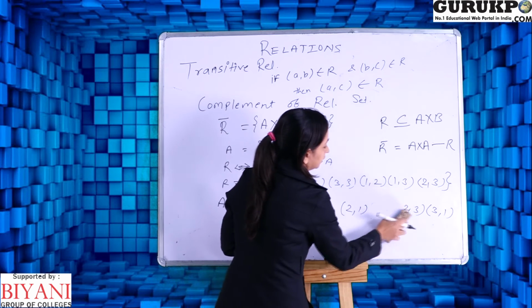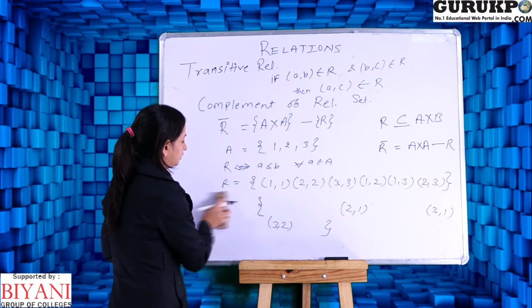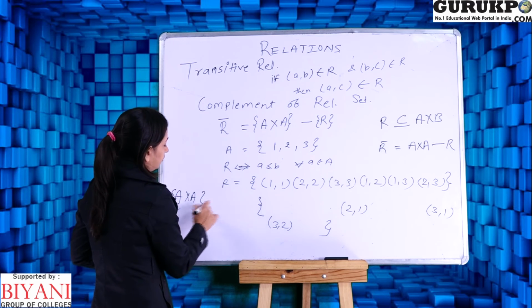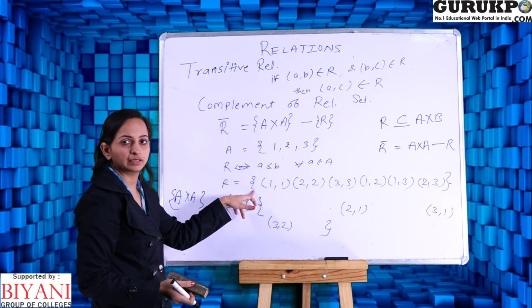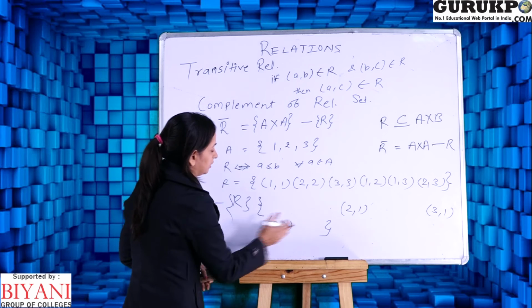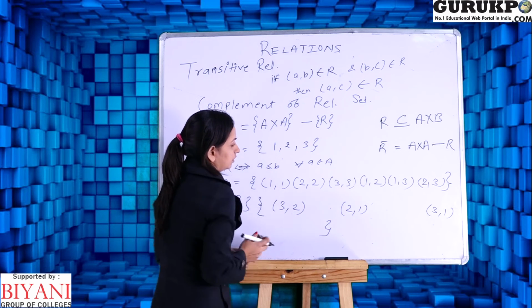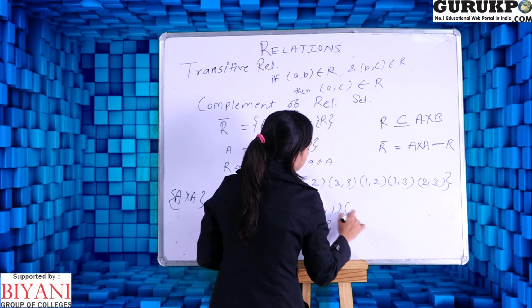Then 2 3 is also removed. So these are the remaining elements, these are the elements of A cross A minus R. When I subtract the relation set R from the Cartesian product, I will get this one. If I arrange it in the proper manner, it will give me 3 2, 2 1 and 3 1.